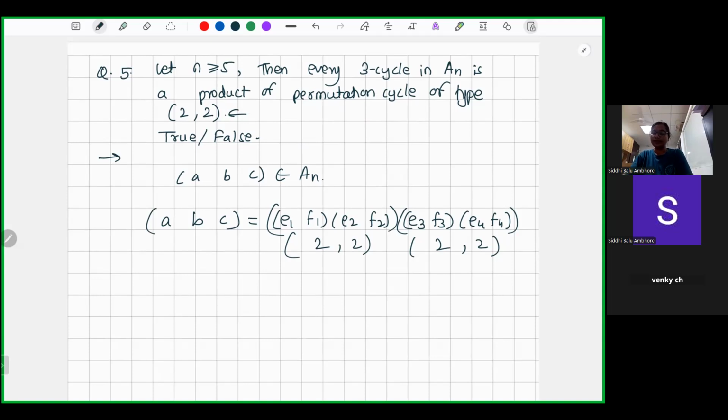So in short, if you are writing an exam and you are asked whether some k cycle can be written as some other type of cycle, it is important for you to check that it is possible only when both expressions have the same sign.